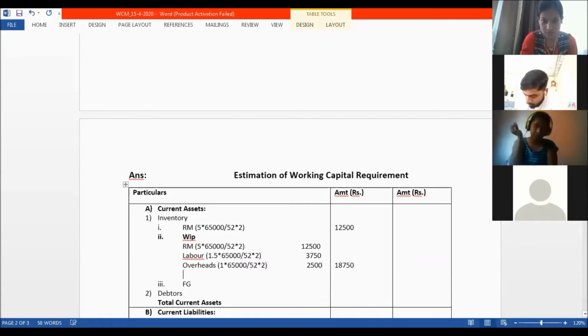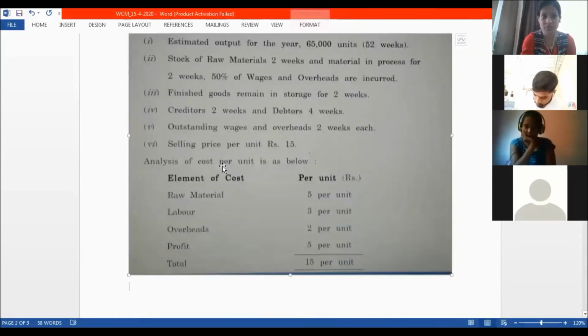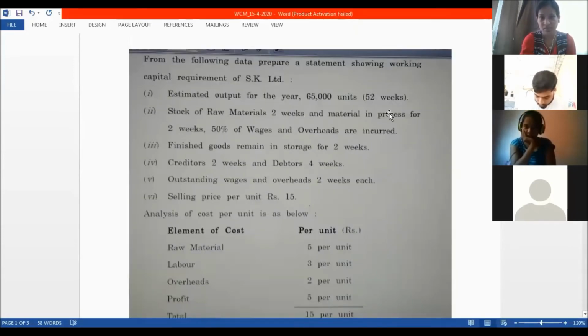I'll show you just the calculation, how you can calculate it in one go instead of showing all these 3 components. Now what we normally do is for WIP, we take the manufacturing cost. Okay. So if you want to find out manufacturing cost based on the given details, what is said? Material in progress for 2 weeks, 50% of wages and overheads.